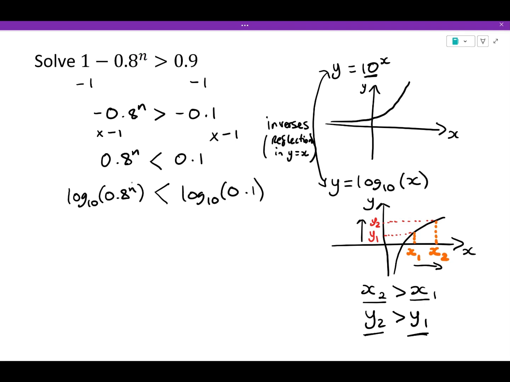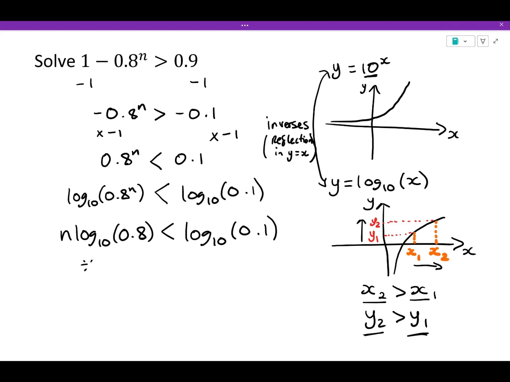Now I don't like the fact that n is in a power here, so I'm going to use the power rule to bring it to the front. So it's going to become n log base 10 of 0.8, like that, and that is smaller than log base 10 of 0.1. Now the n here is being multiplied by the log base 10 of 0.8, so I need to divide by log base 10 of 0.8.